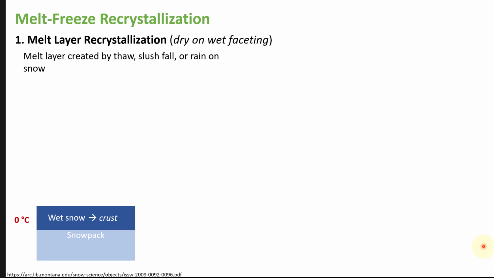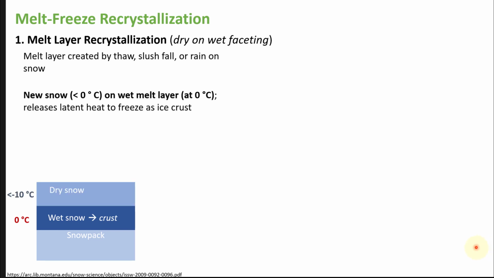And then you have a second event, which is new cold snow that is often below minus 10 C, could be as low as minus 20 C, that falls on the wet melt layer that's sitting at a warmer temperature of 0. And so you get a latent heat transfer, and that freezes the ice as a crust layer.